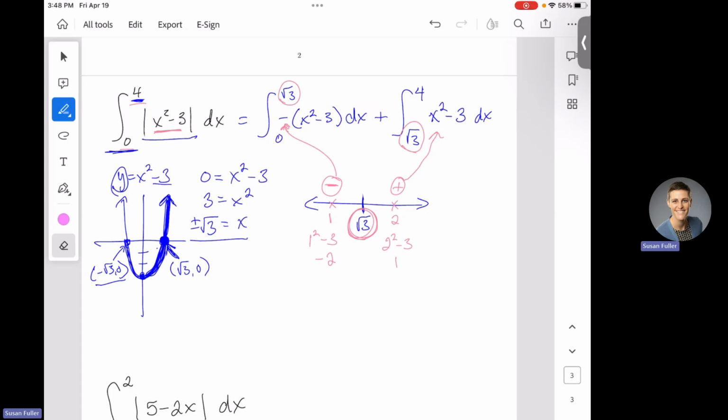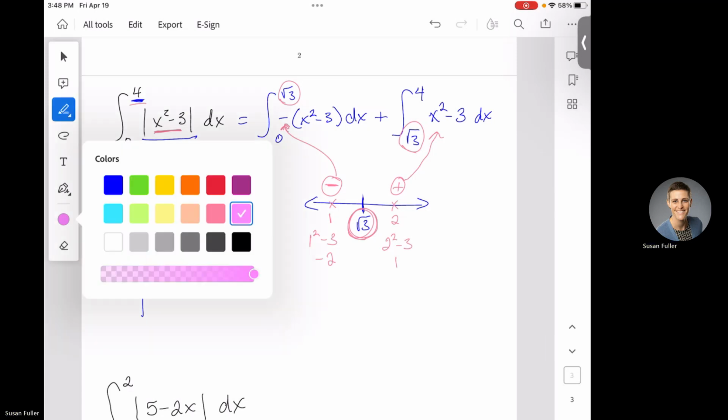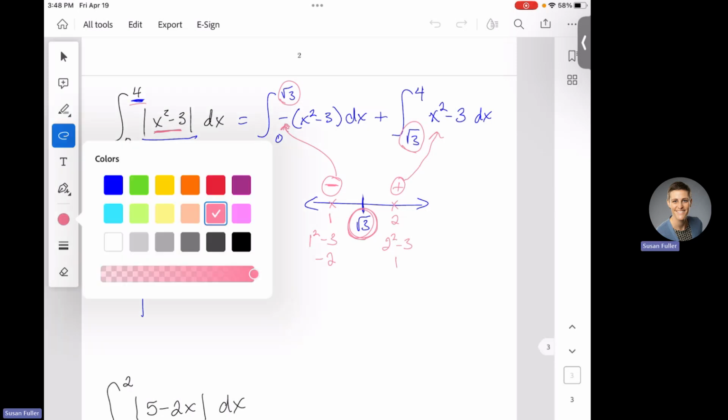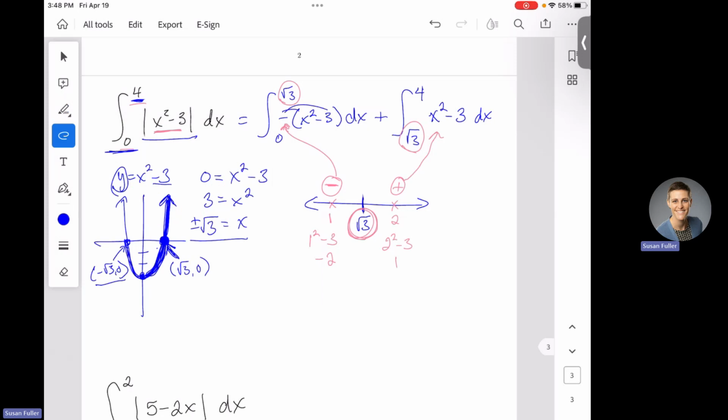And then from here, you can work each of these integrals individually, right? So here in that first one, you'll distribute that negative, and then you can work that from 0 to the square root of 3, negative x squared plus 3 dx.